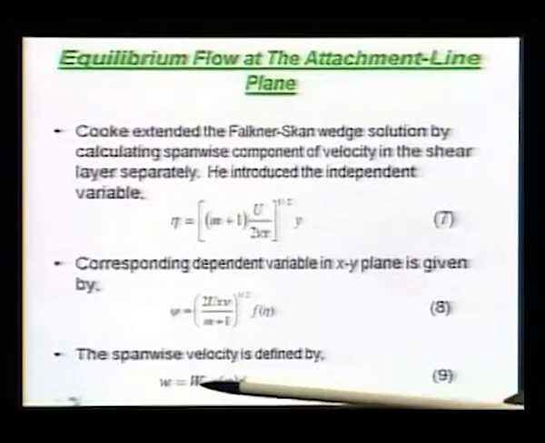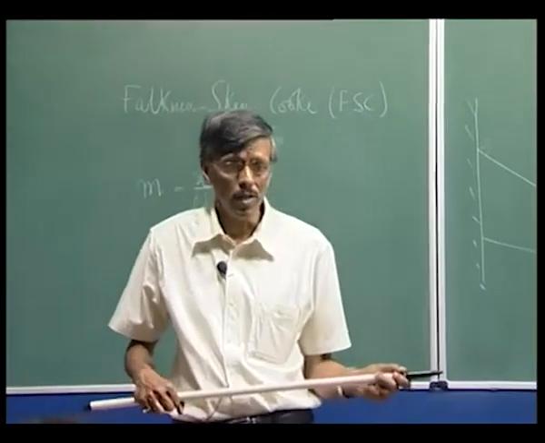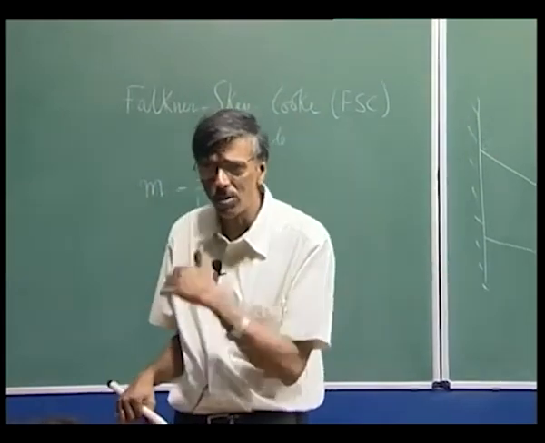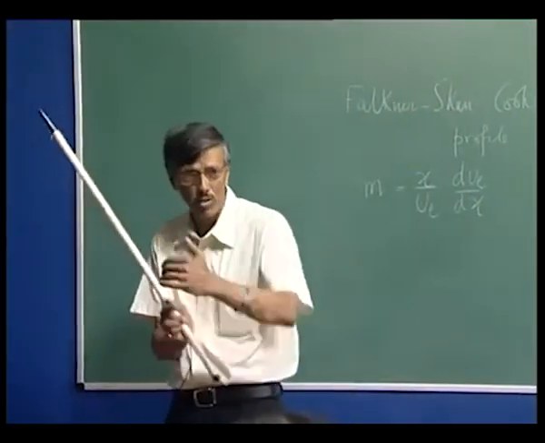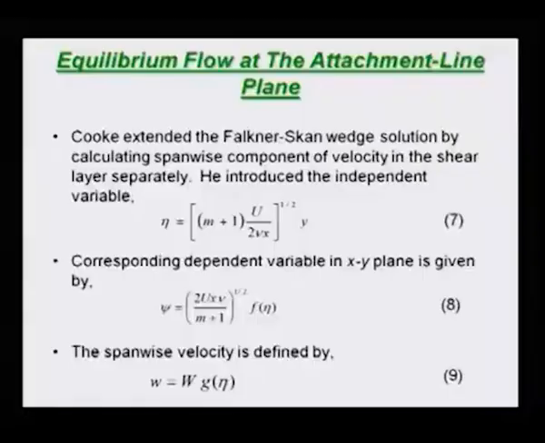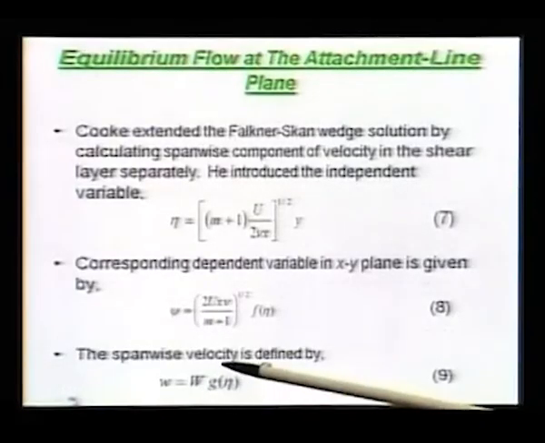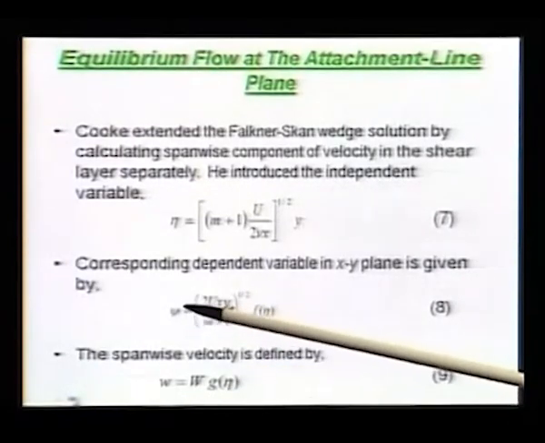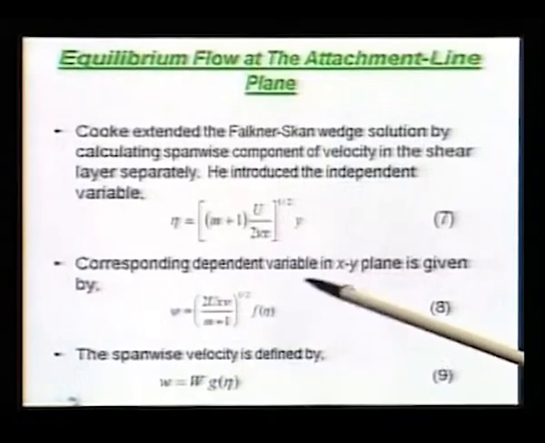And we are talking about a spanwise component of the velocity, because outside the shear layer W is a constant, but inside what happens? It will vary. That is why we saw the streamline skews. So, we introduce another non-dimensional dependent variable g of eta, and this psi we define with respect to a non-dimensional stream function f of eta.